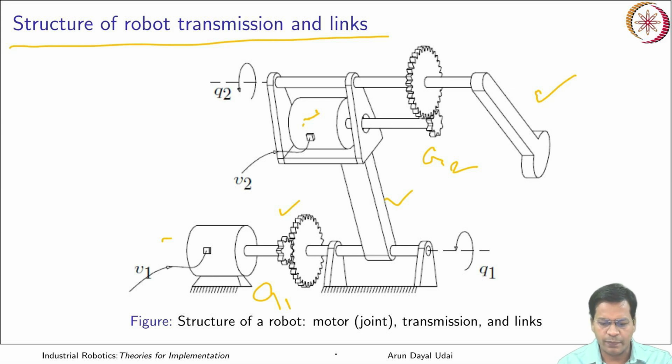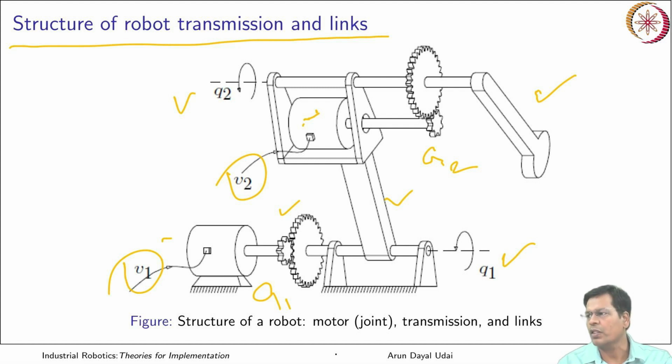You have current and voltage that come to the motor, and this is the output joint variable. This is how I assume all robots are made. Yes, there are a few differences at times. You may see belts over here, or you can have direct transmission also. There are possibilities of some variations, but effectively, if I say gear, basically it is some reduction which is happening.